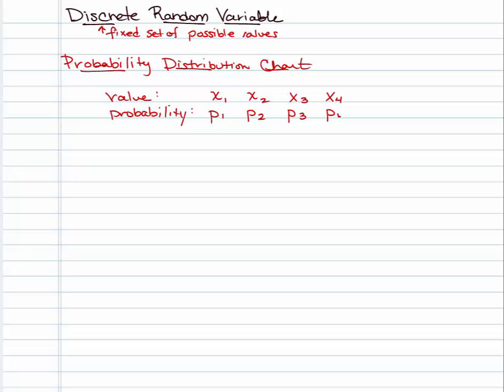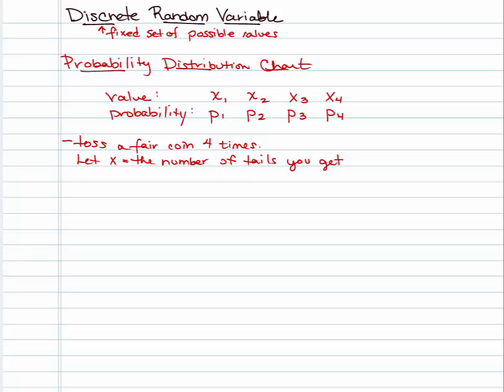So let's try an example so you can see how this works. Let's say we were going to toss a fair coin 4 times. Let x equal the number of tails you get.